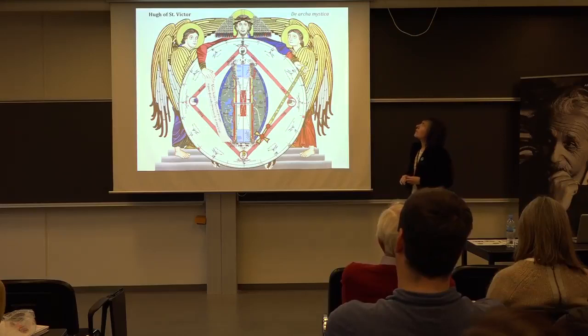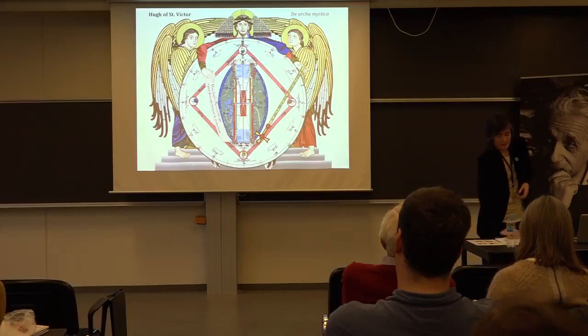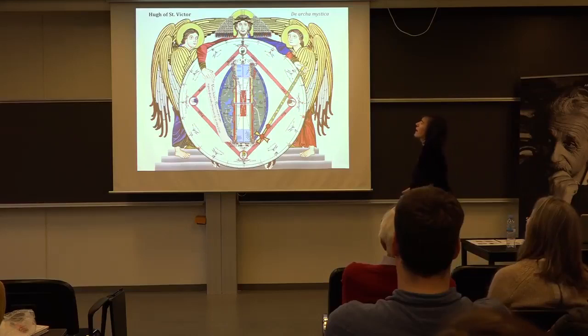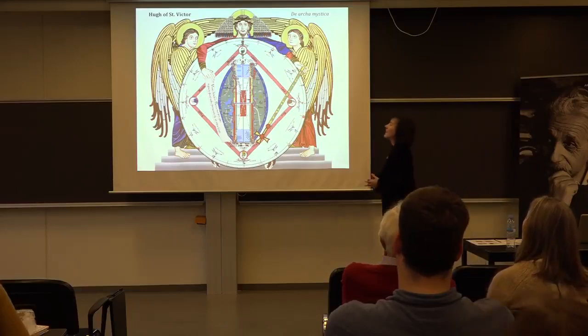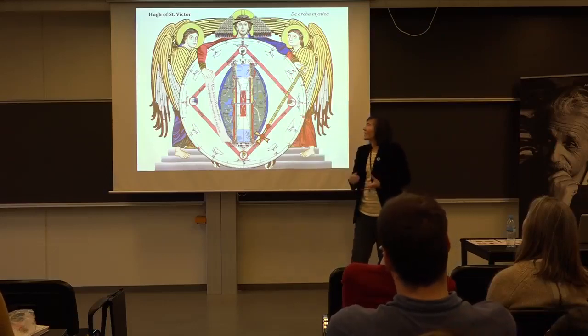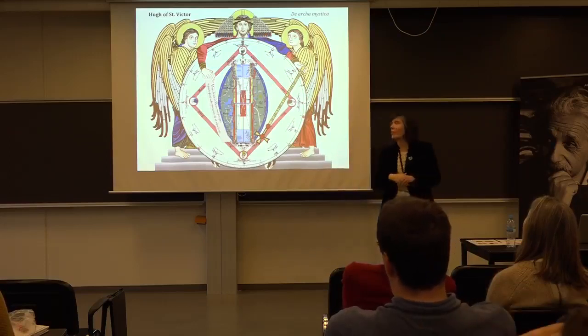of what he called the Arca Mystica. What is the Arca Mystica? The Arca Mystica is a mnemonic image used by Hugh to explain everything. So it's a sort of huge building encompassing all sorts of knowledge.